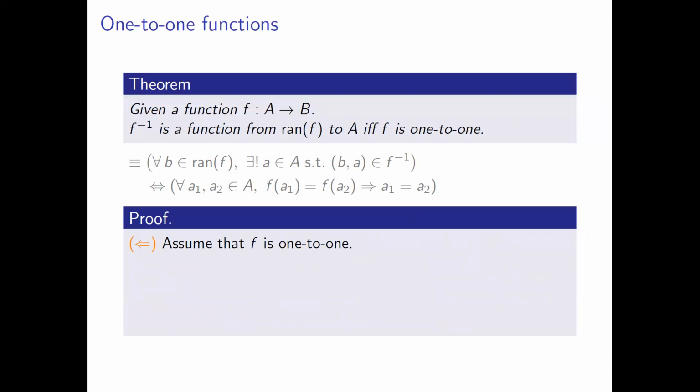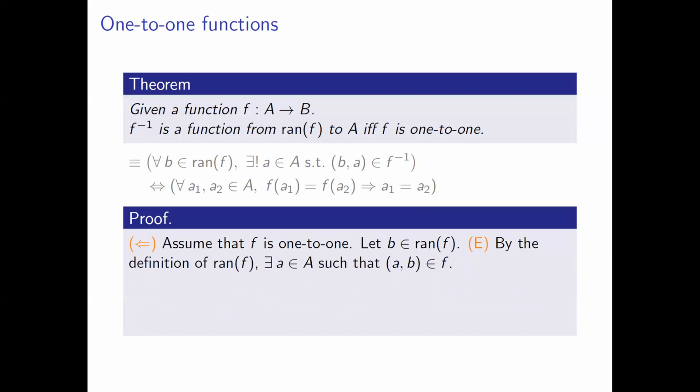For the converse, assume that f is 1-to-1. Let b be an arbitrary element of the range of f. We need to show that there is a unique element in the set A that corresponds to b under f inverse.